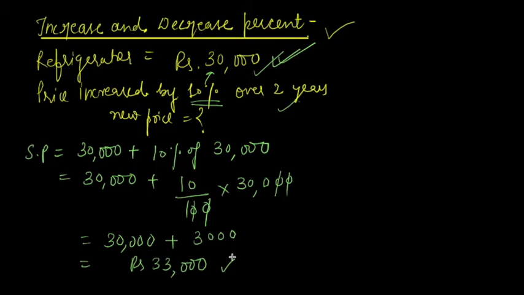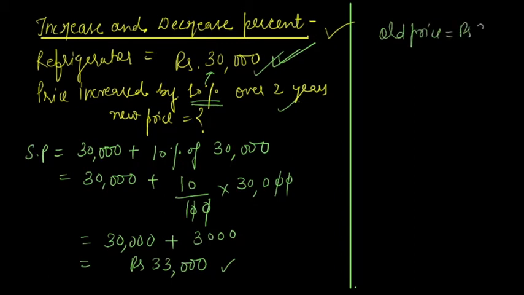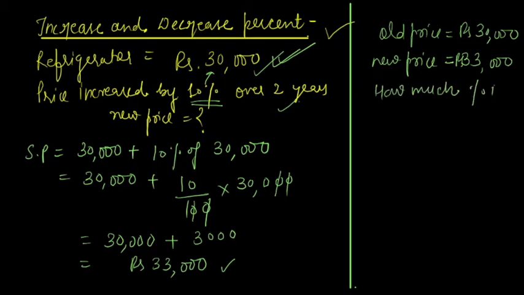Now if I change the question, see it very carefully, if I just swap the question so that the old price of the refrigerator was 30,000 and the new price is given as 33,000 rupees, how much is the percentage increase, right?